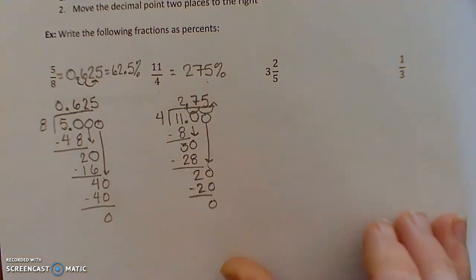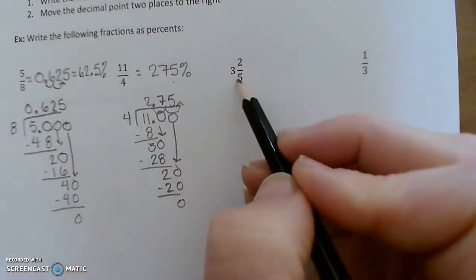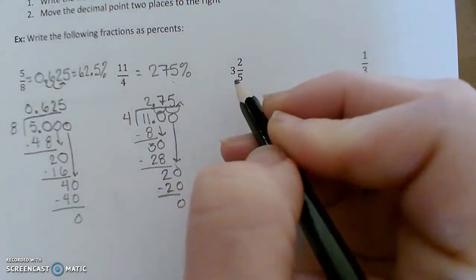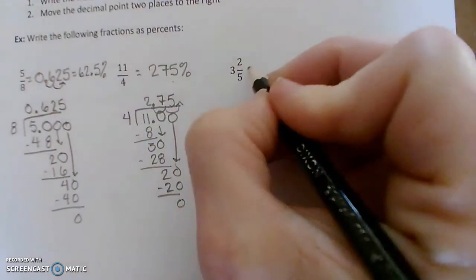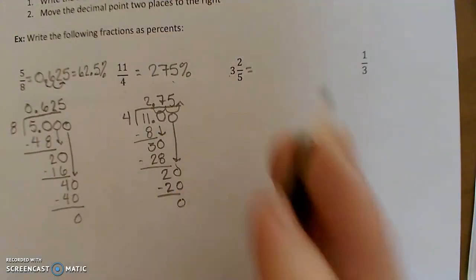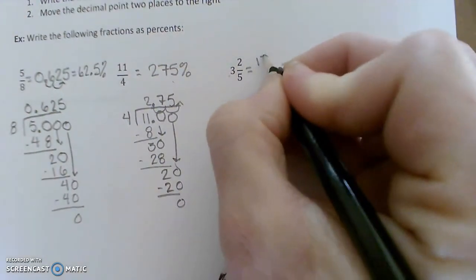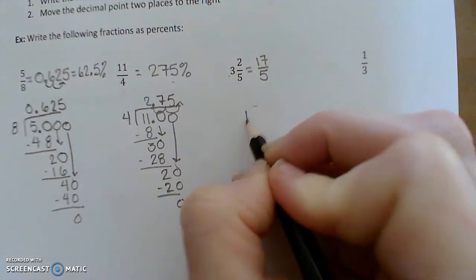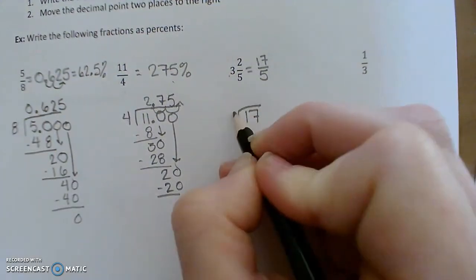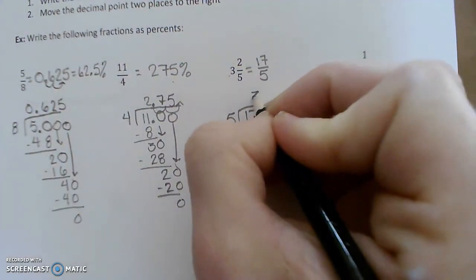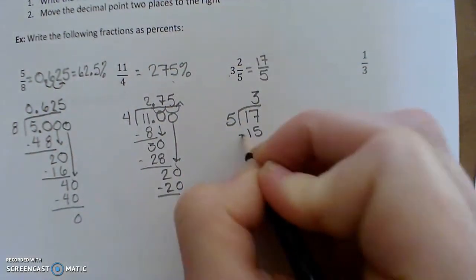Right? All right, let's work on 3 2/5. Since this is a mixed number, and mixed numbers are kind of hard to do arithmetic with, I'll convert that to an improper fraction. 5 times 3 is 15, plus 2 is 17. That's 17/5. So now let's do long division. 17 divided by 5 to write it as a decimal. 5 goes into 17 3 times. 3 times 5 is 15.